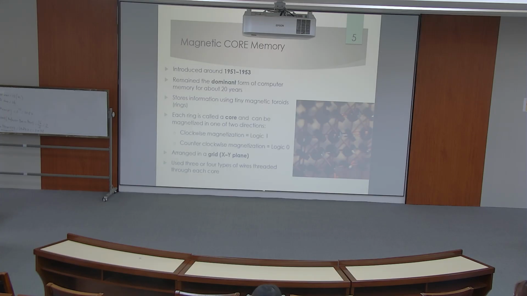It is also arranged in an XY plane, so it used 3 or 4 different wires. So this is the type of memory which remained dominant in the years of the 1950s.